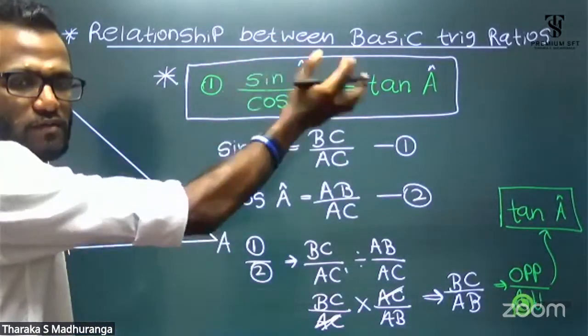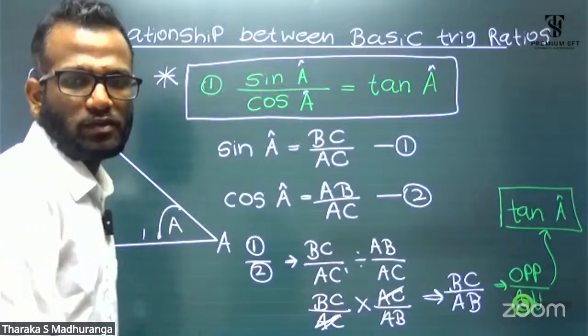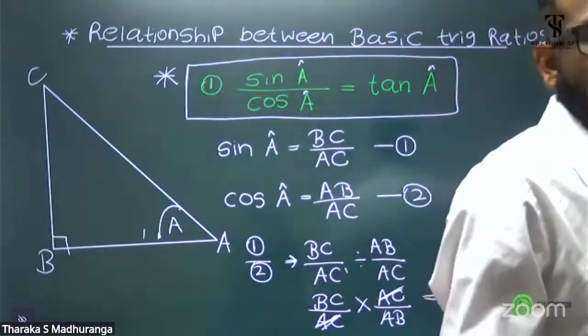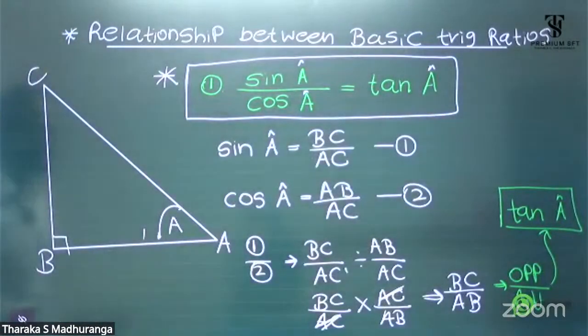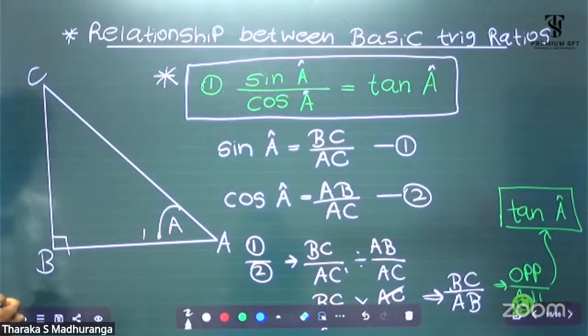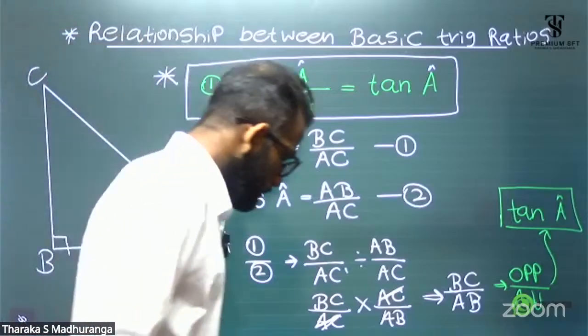Sin A over cos A equals tan A, or sin theta over cos theta equals tan theta. That's all. Okay, complete.